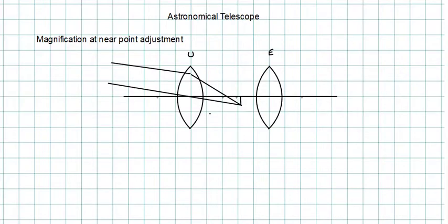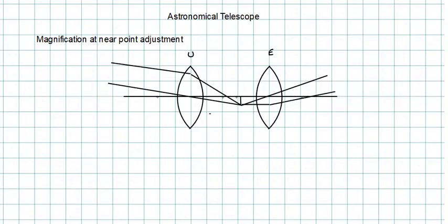Definitely one will follow from here, and after refraction will pass through the focus, and another ray will go through here, to the optical center, and that goes through the focus.